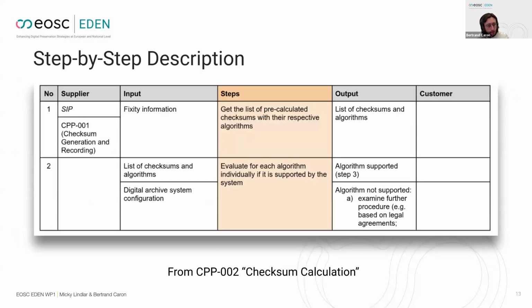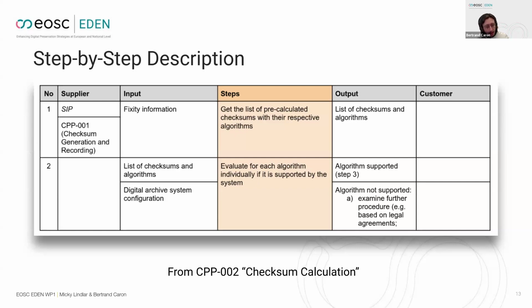And then the step-by-step description starts, which is probably the main part of this document. It's in the form of a table that presents the steps in the SIPOC logic, so supplier, input, process, output, and customer.